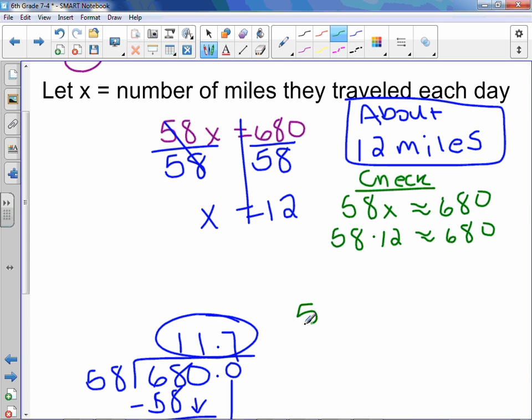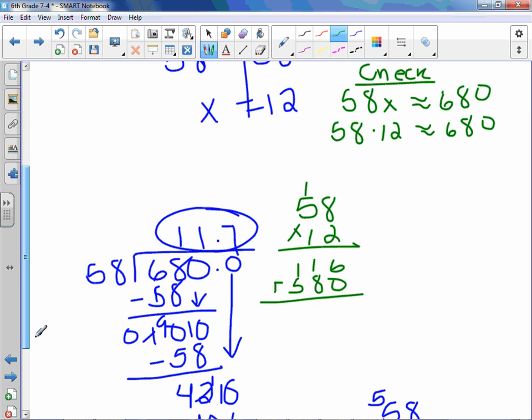And let's do 58 times 12. And we get 696, which is about 680, which is fine, okay?